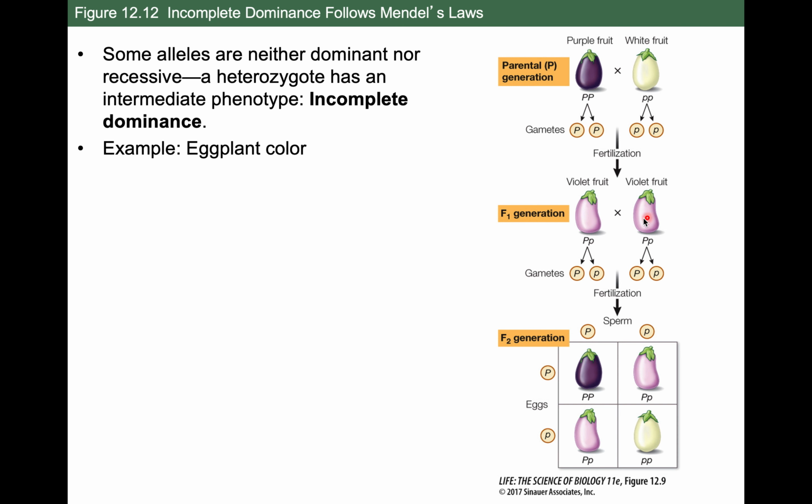It's sort of light purple or pink almost. We've combined the purple and the white together. So anytime you see this kind of thing where the heterozygote genotype gives you this intermediate appearance between the two homozygous parents, that would be considered incomplete dominance.